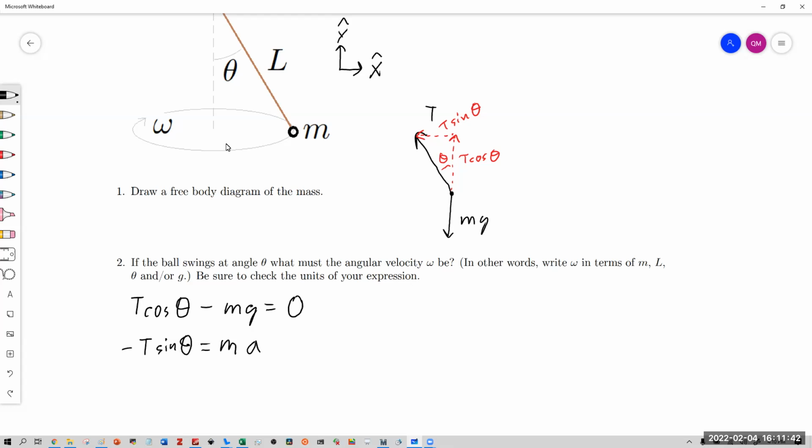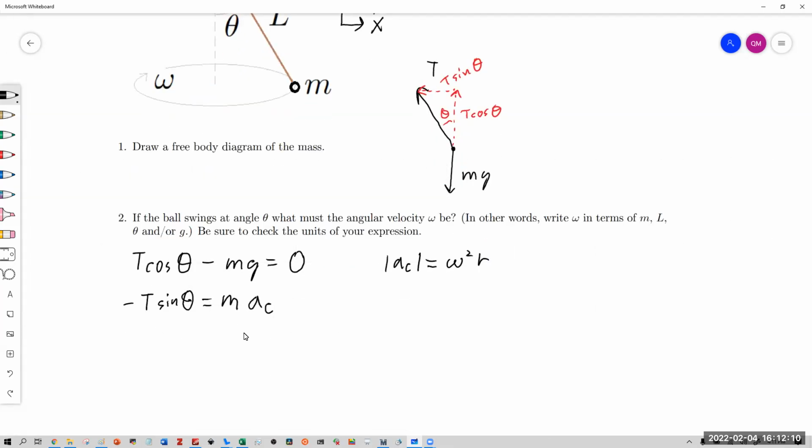Okay, so this is this acceleration here. This is our centripetal acceleration, a_c, right? Because that's what keeps it going around the circle. We know the magnitude of centripetal acceleration is omega squared r.